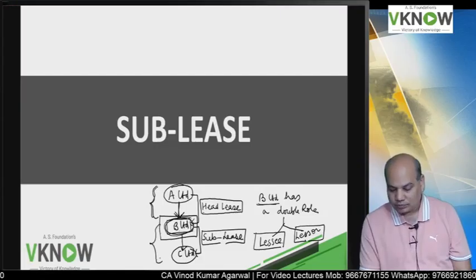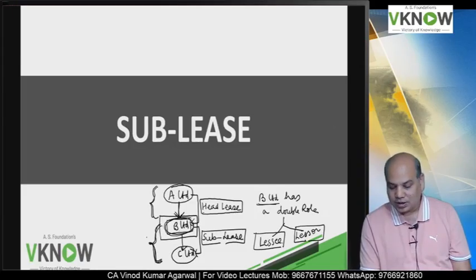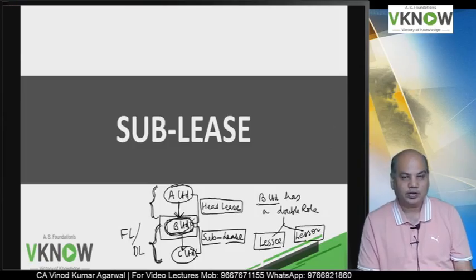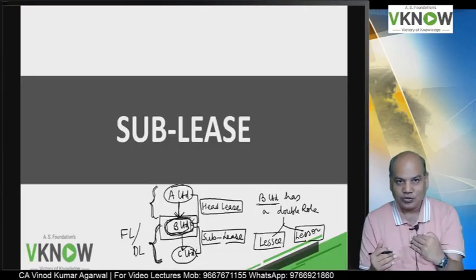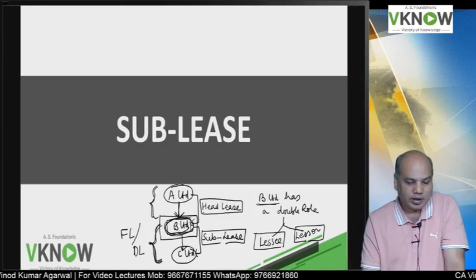Then you have to see the arrangement between B and C also, because now B is a lessor, you have to check whether it is finance lease or whether it is operating lease. Between B and C, B is a lessor, so lessor will have to decide finance lease or operating lease.